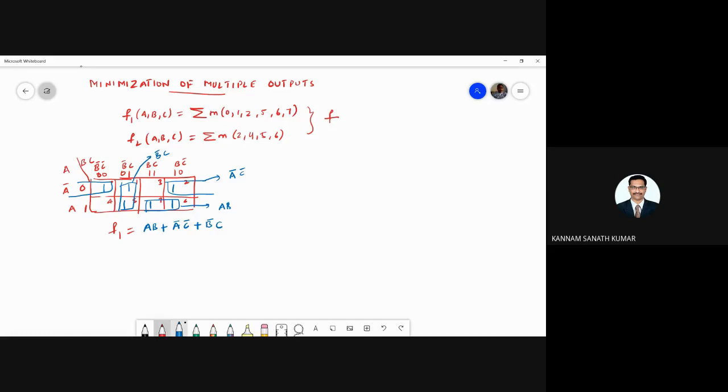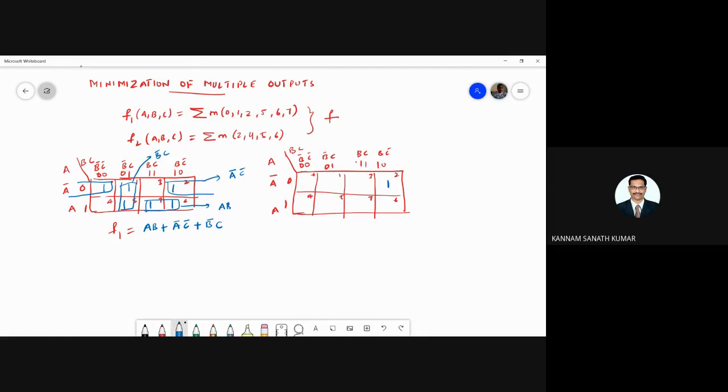Now coming to the second function, I'm drawing the K-map. This is A and BC: 00, 01, 11, 10, with A as 0 and 1, and cells 0 to 7.